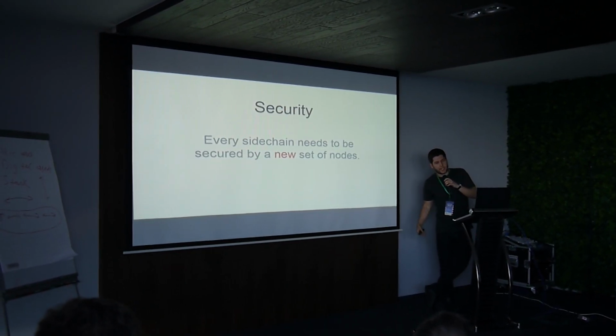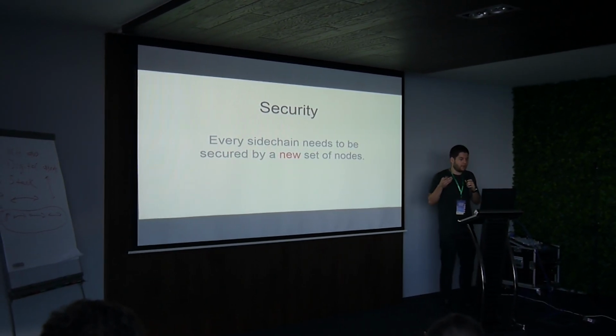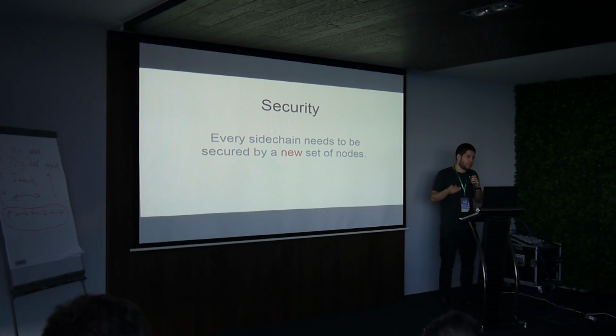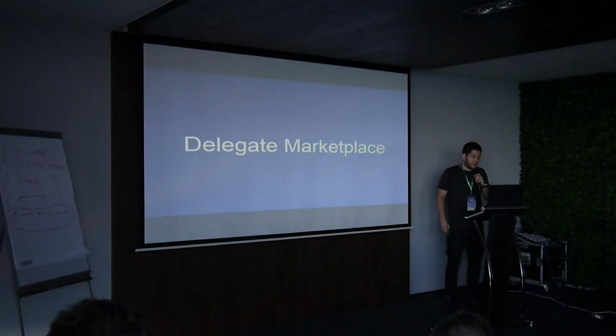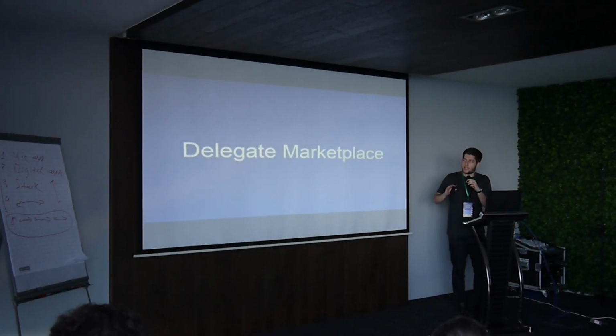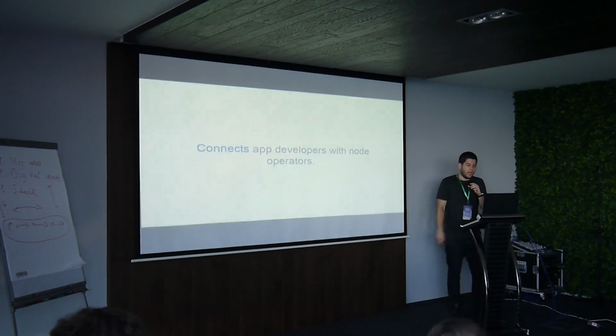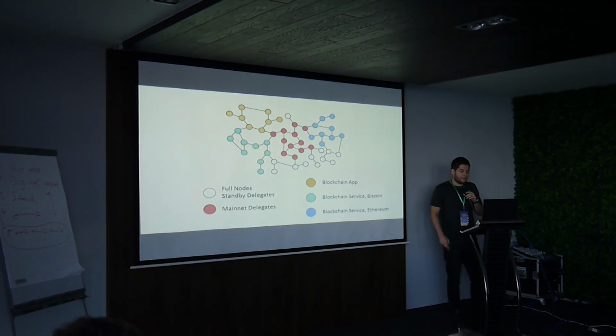The biggest one is security, because sidechains are really like new blockchains, right? And you always need a new set of nodes for securing your sidechain. To overcome this disadvantage, we thought of a concept of the delegate marketplace, which connects developers with node operators.